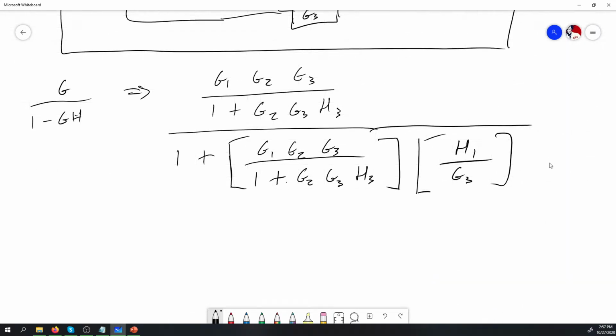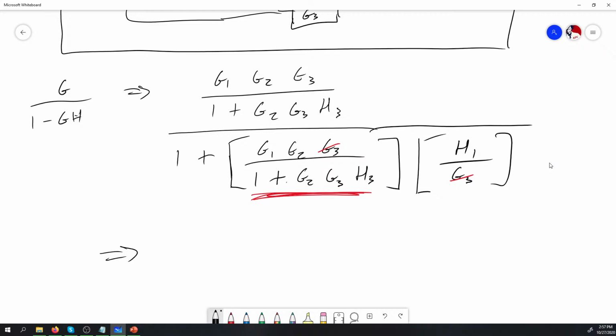And immediately we see here on the denominator, this G3 here will just cancel with this one. And our common factor here will just be this here to multiply by the numerator of the fraction and the denominator of the fraction.